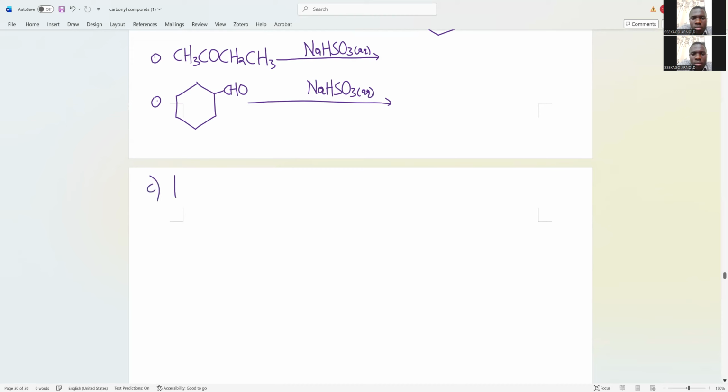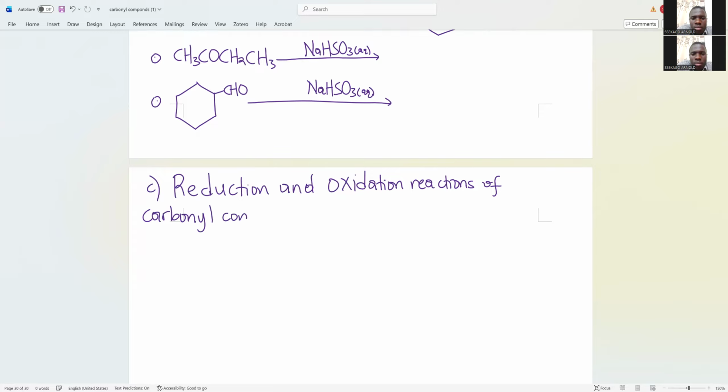I think this is part C. Reduction and oxidation reactions of carbonyl compounds, like that.